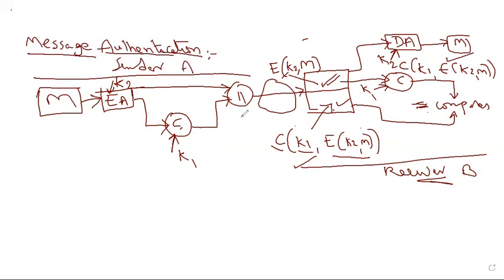So here, authentication and confidentiality both are provided, because in the earlier model there was no confidentiality, since plain text was sent directly to the receiver.